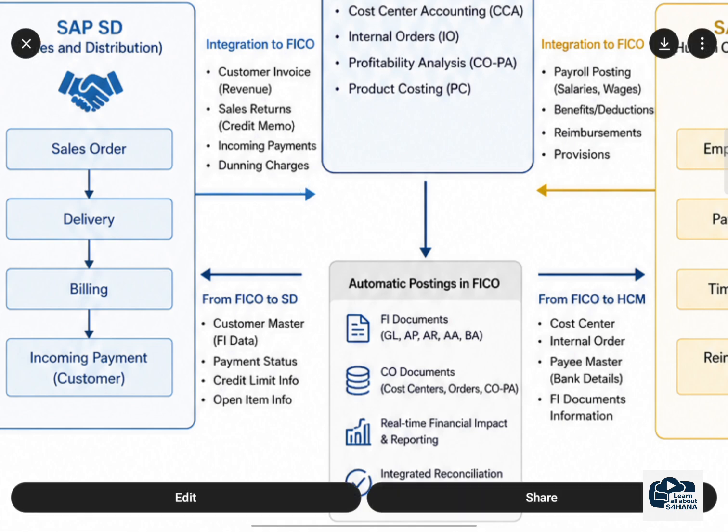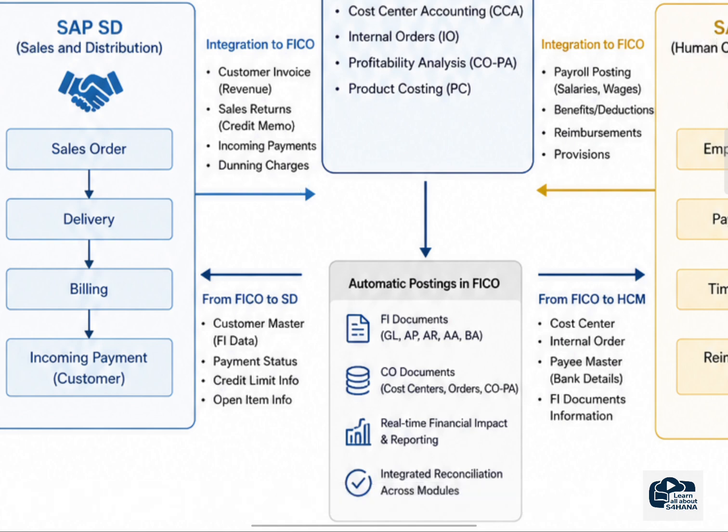What dunning means in SAP is a payment reminder, a notification sent to business partners to make the payment when they fail to clear the outstanding dues. The dunning process can be maintained for both customers and vendors. Dunning enables sending automatic payment reminder notifications to the business partners.